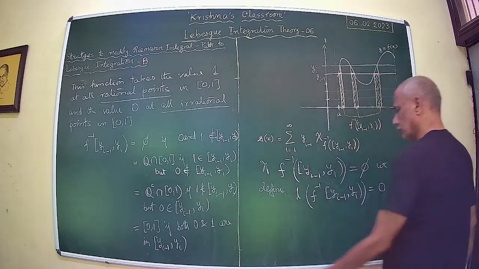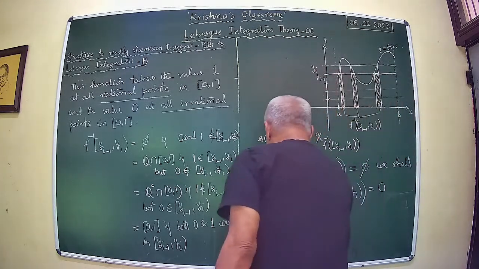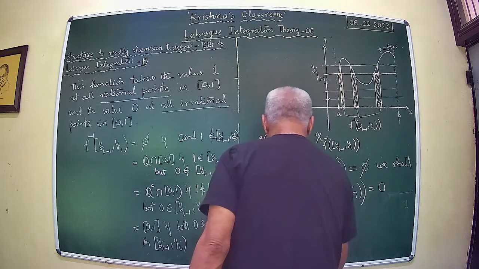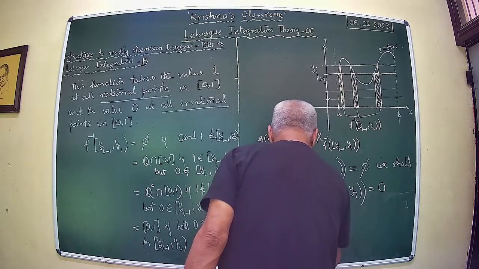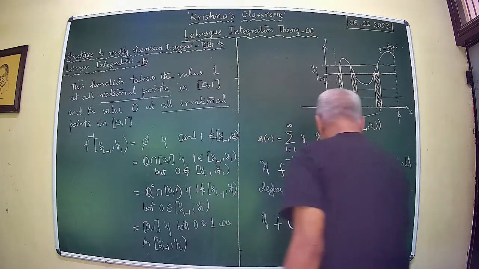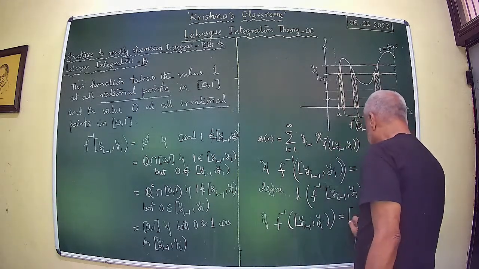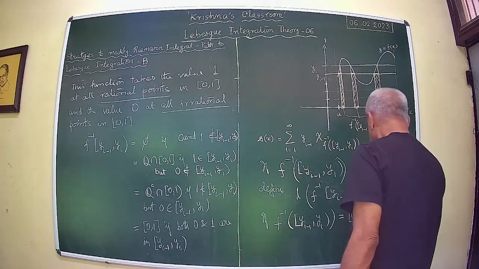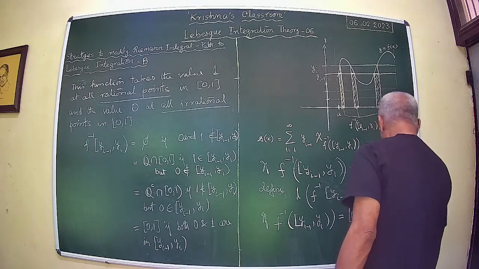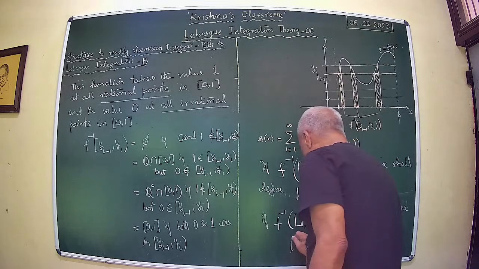That looks perfectly fine. And if F inverse of yi minus 1, yi is the interval 0, 1, then you define the length as 1.